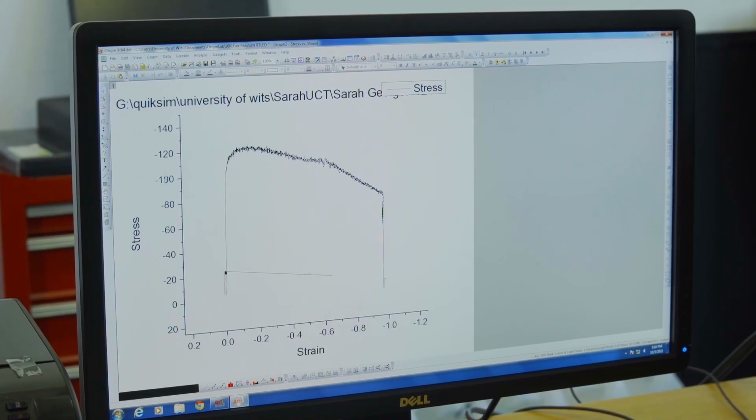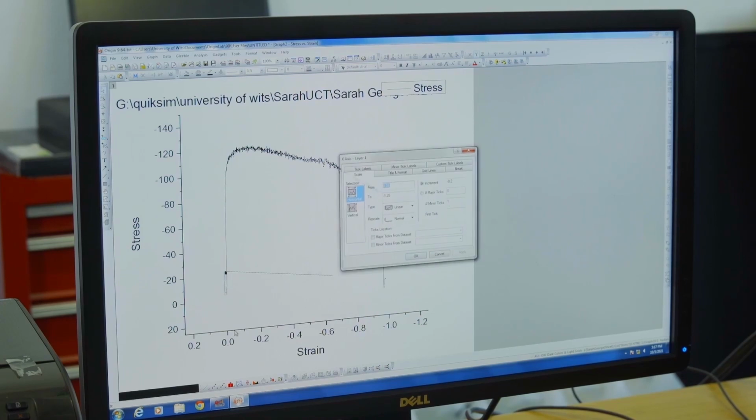And this is the flow stress and this is the strain. We can make this a little bit neater by adjusting the X and Y axis, that is the stress strain axis. So here I'm going to start from 0 and I'm going to keep this as negative 1.0, and then you click on apply.